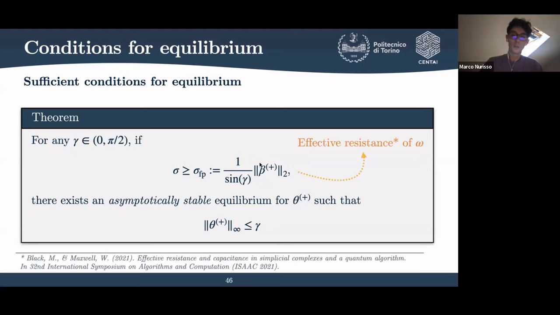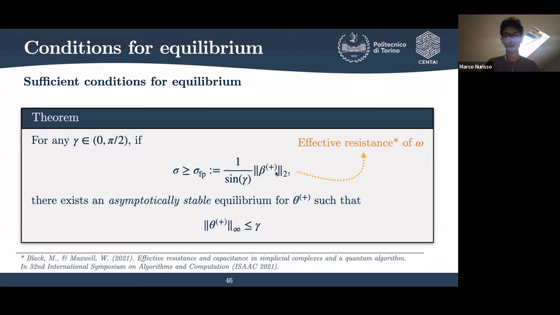And interestingly, these two norms can be related to the effective resistance of the natural frequencies in the simplicial complex. Of course, effective resistance, which is a quantity defined for graphs, is extended to simplicial complexes. I think this results in an interesting interpretation, because the norm of this beta plus vector is somehow encoding the structural resistance of the simplicial complex to synchronization.